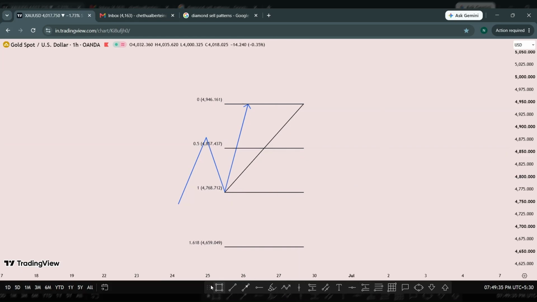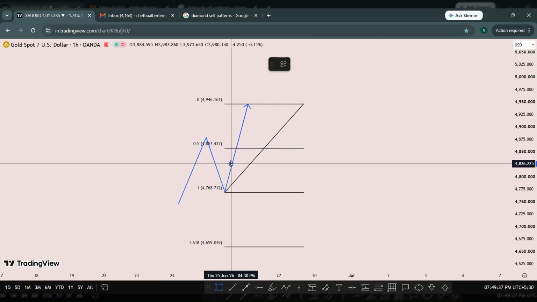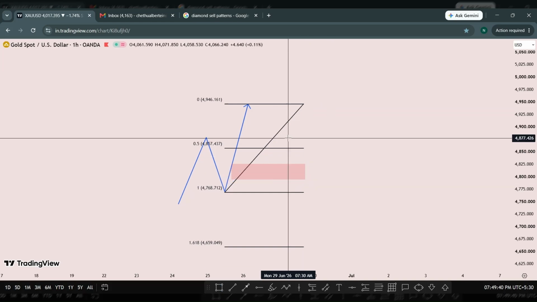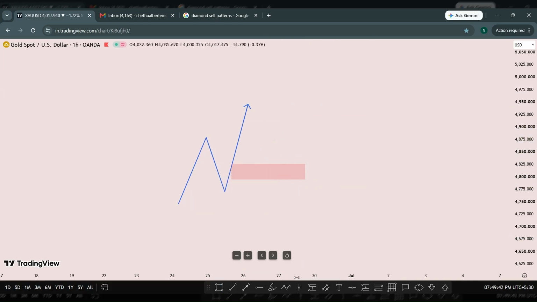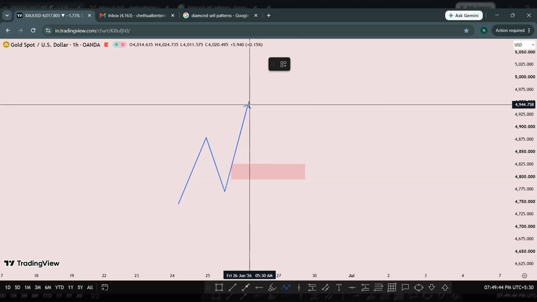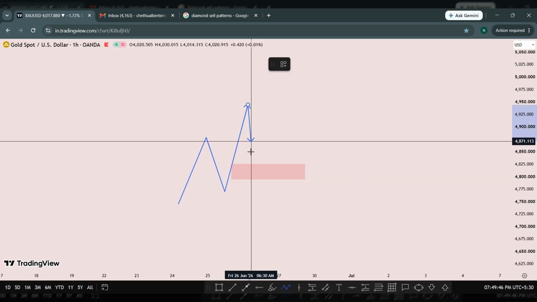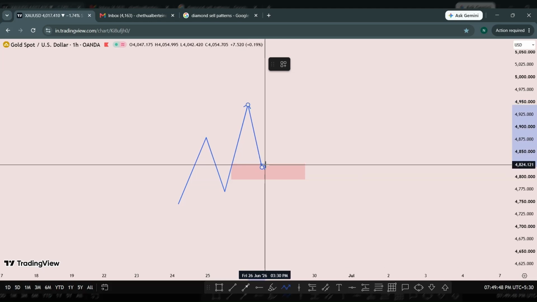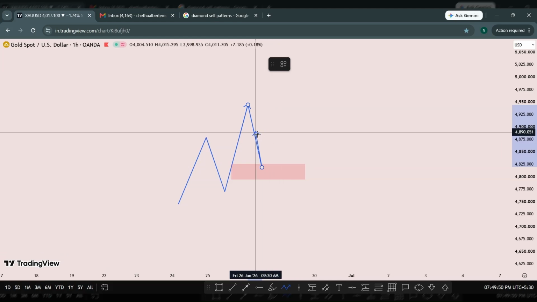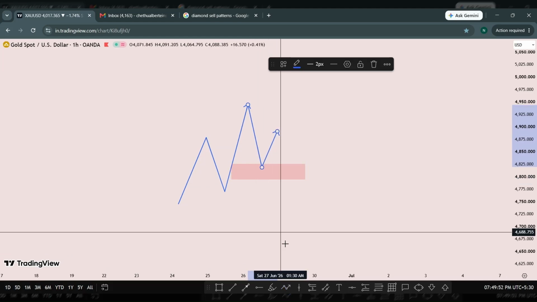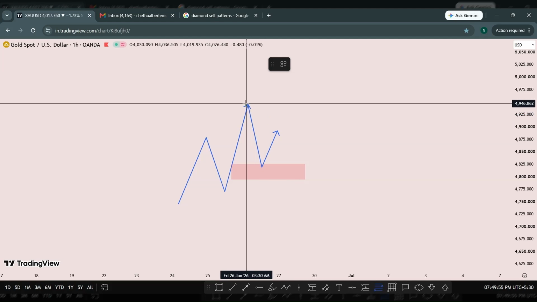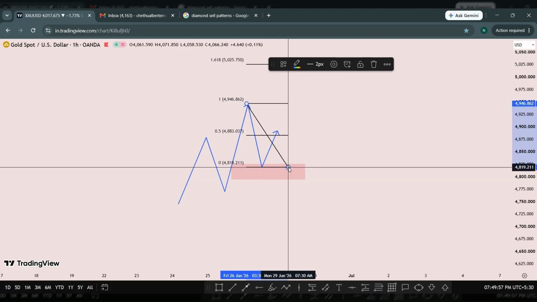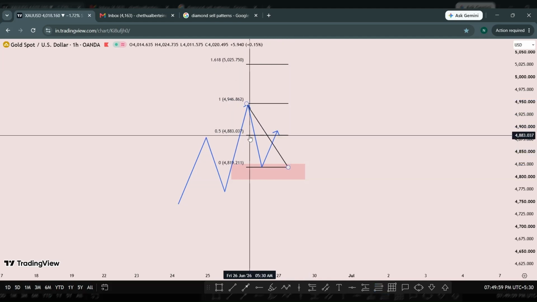Let's assume this is the best demand zone. Let's remove it. I wait until the price reaches this zone, take the entry, and target only this 50% of the pullback. Like this, I only target this area.